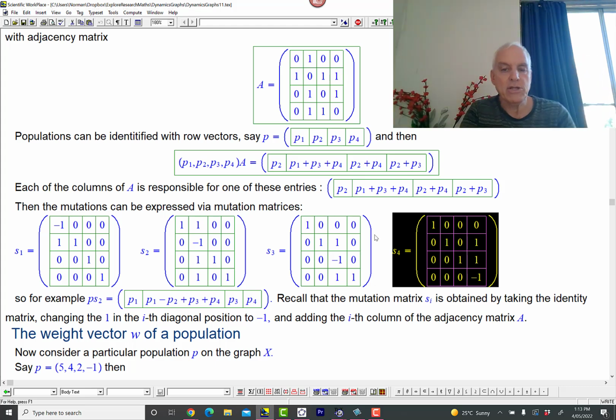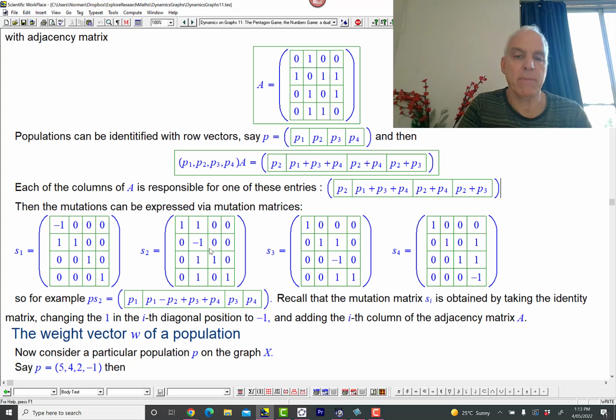And let me remind you how you get one of these mutation matrices. You can get it in a very simple and direct way, basically if you have the adjacency matrix in front of you. So, for example, to get this S2, how do you get that? Well, you start with the identity matrix. In this case, the 4x4 identity matrix has 1s down the diagonal, and then you change the 1 in the ith diagonal position. i is 2 in this case, so in the second position, we change that 1 into a -1.